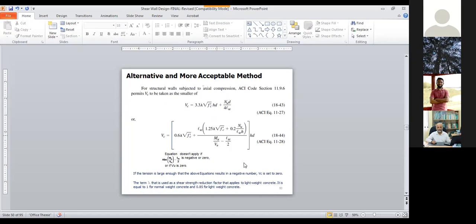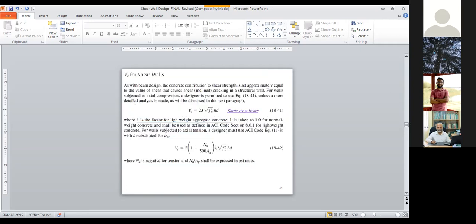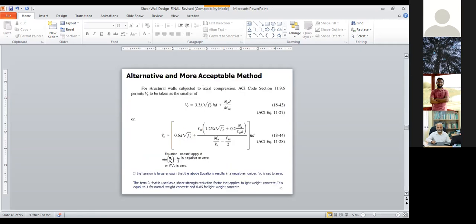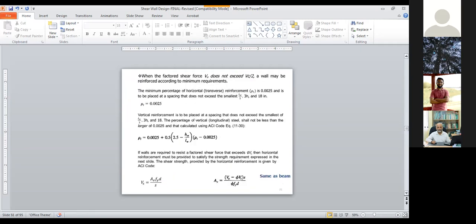And of course, you need to use the minimum value based on these two equations. What is the minimum value you get? That can be the shear taken by the concrete under axial compression. So this is how you do the calculation for axial tension, and this is how you get the shear capacity of the section for axial compression.